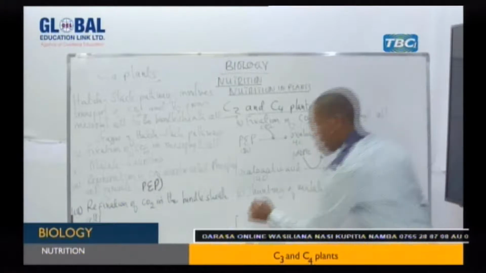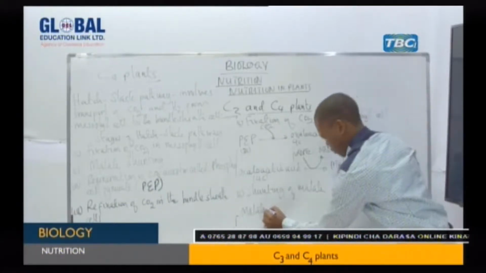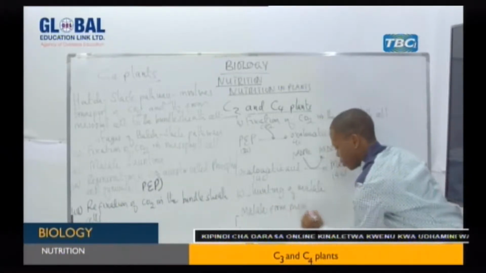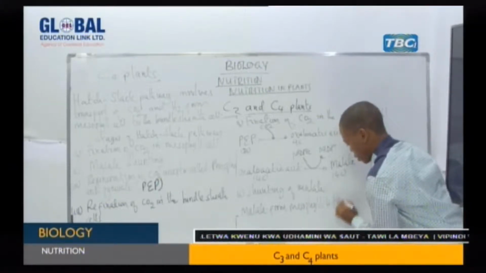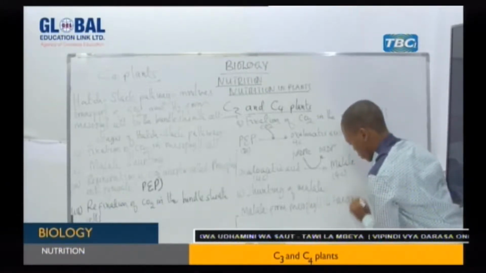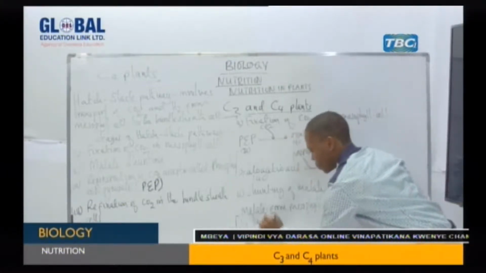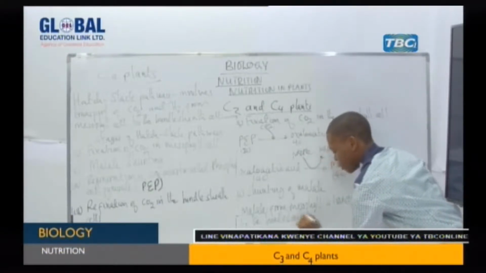Malate from the mesophyll is transported to the bundle sheath cells.